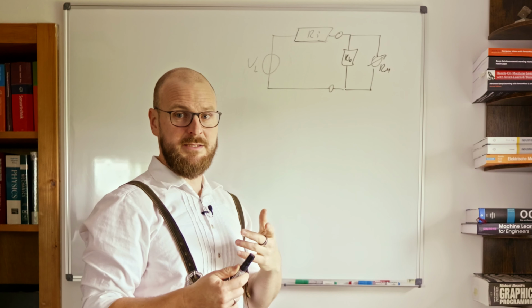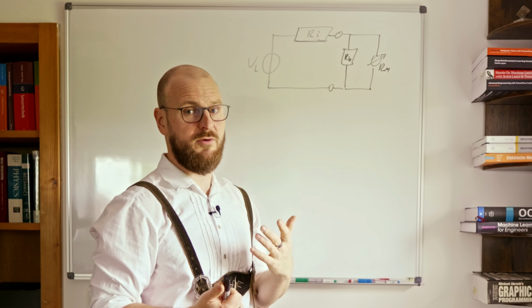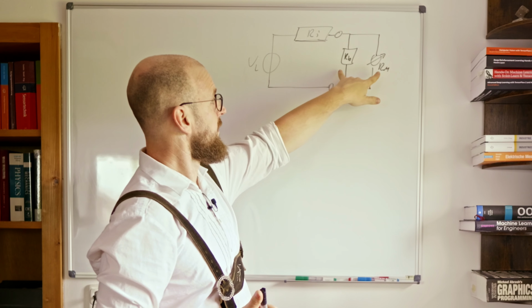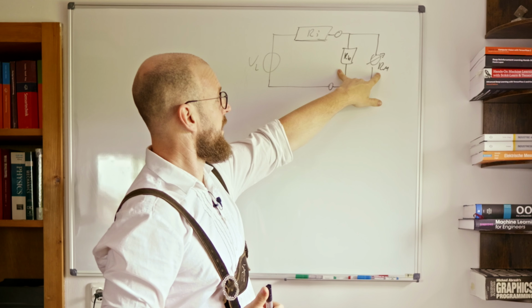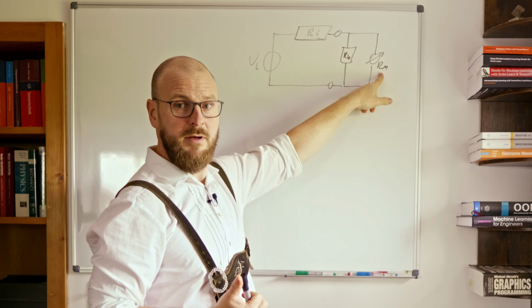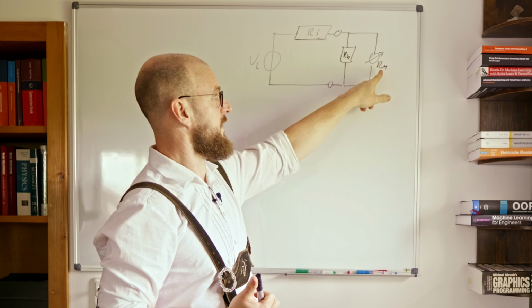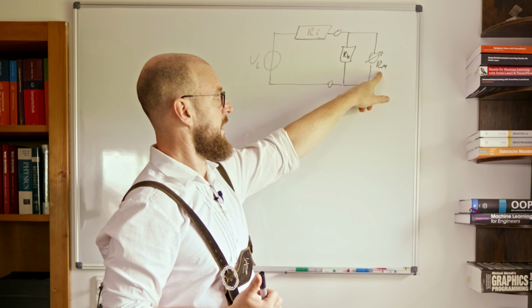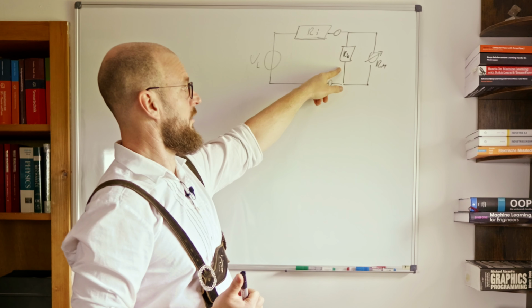So the same case, the similar case as before with measuring currents, the same voltage falls along the resistance RB and RM. And so the voltage we are measuring is the same as the voltage along RB.